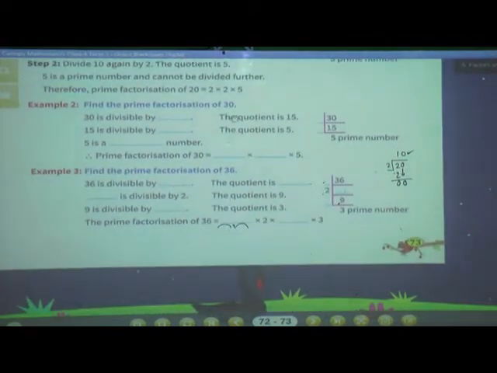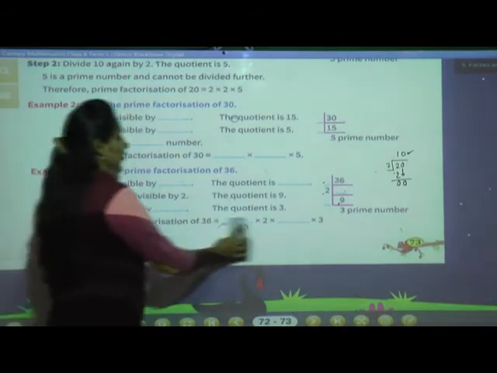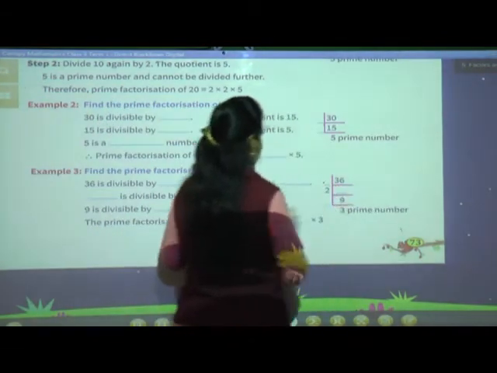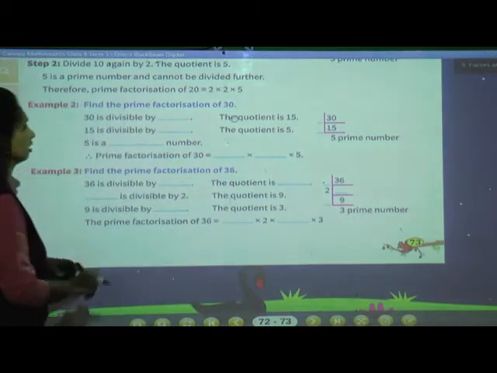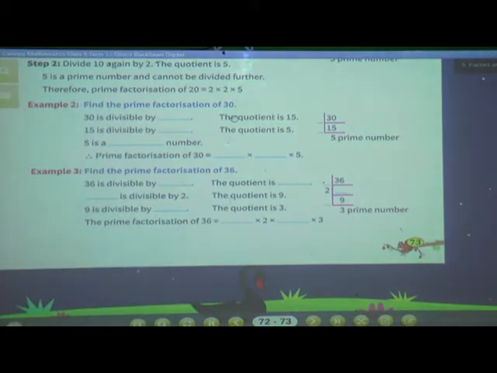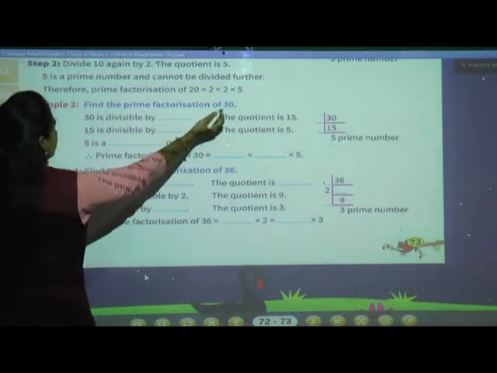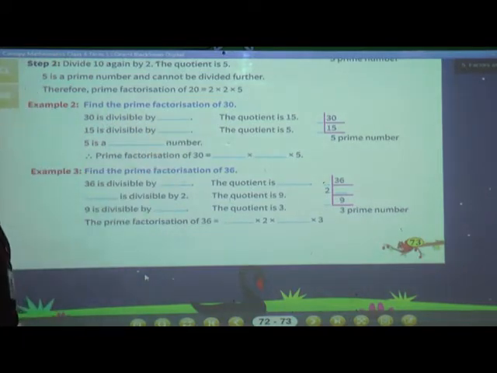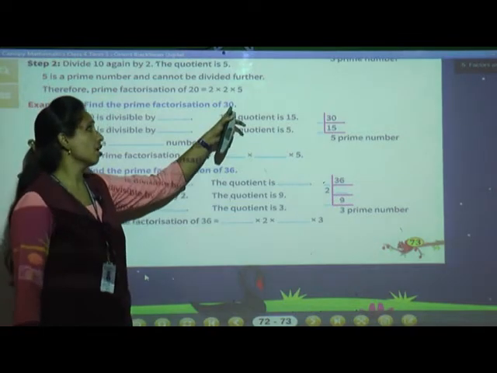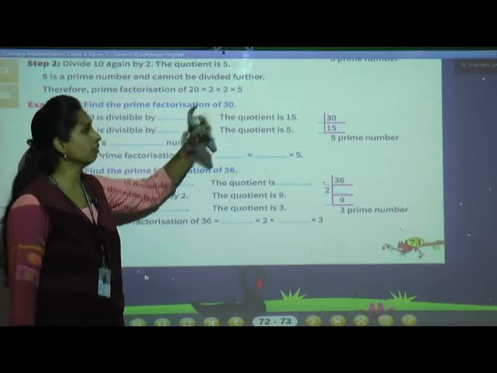The second and third we will solve now with the given steps. Now see, find the prime factorization of 30. Now we have to find the prime numbers for the prime factorization of 30.